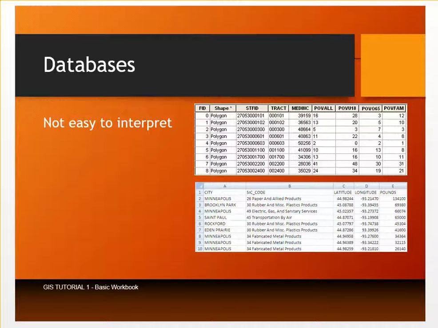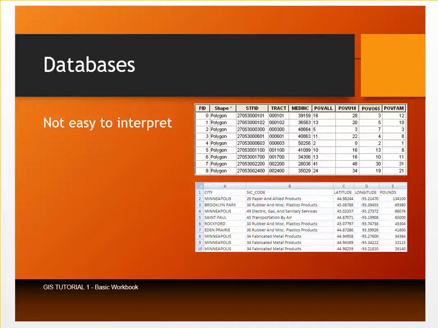All really good data, but it's not really easy to interpret. You can't really make any correlations between those, because you don't really know where tract 101 is in relation to row number 2, paper and allied products at 44 degrees north and 93 degrees east.